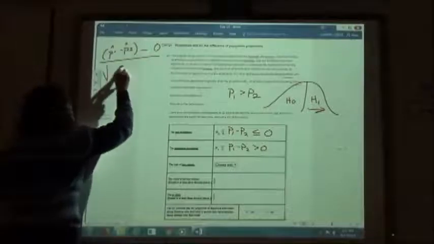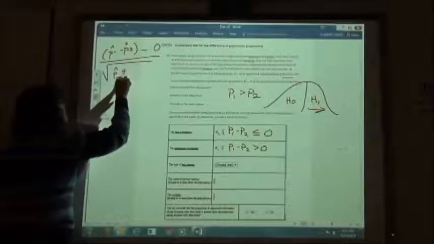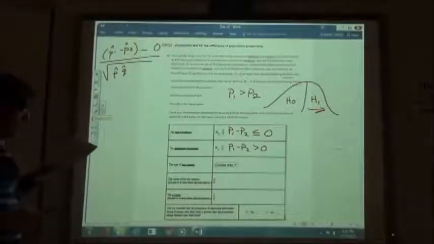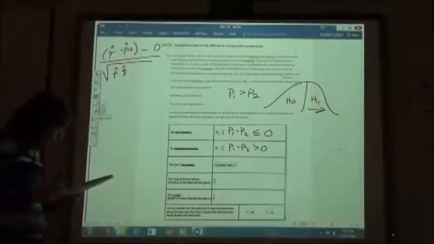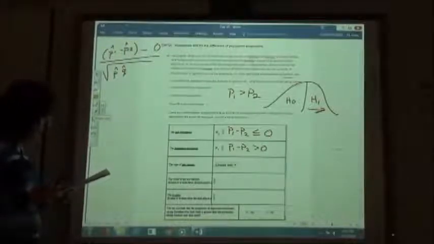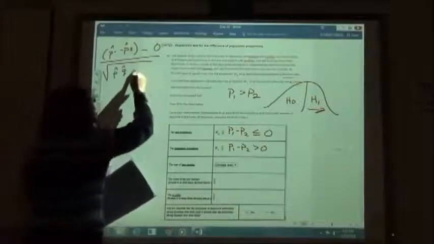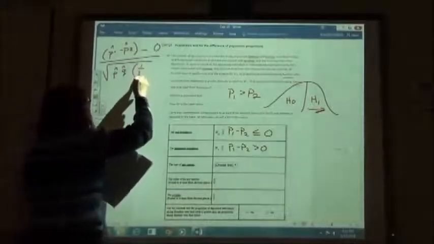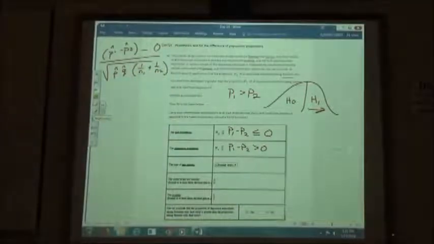Over the square root of P hat times Q hat, times 1 over N1 plus 1 over N2. I have a formula to find P hat and Q hat.